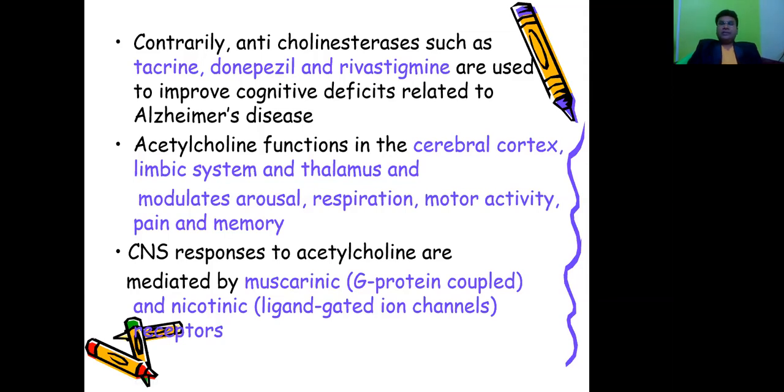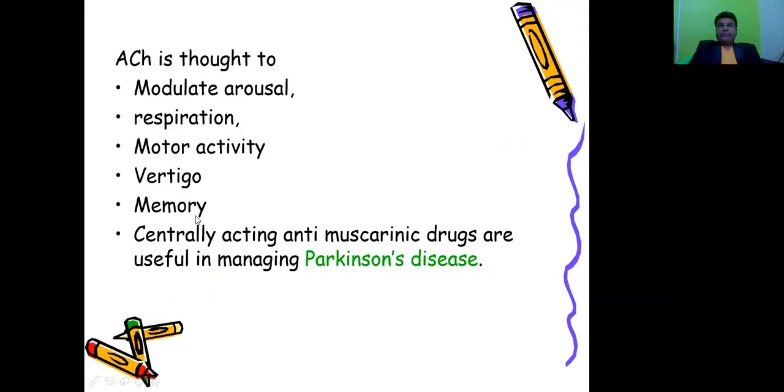Now, there are three mechanisms whereby binding of a neurotransmitter leads to a cellular effect. Number one, the receptors coupled to ionic channels.